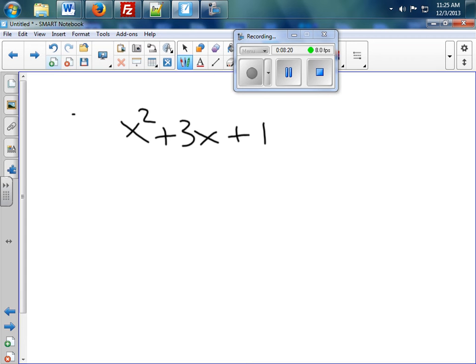This one, by looking at it, you should know this is what? A parabola. Would this be a function? Yep. After that, you'd have to figure it out. Or I could just give you a graph.